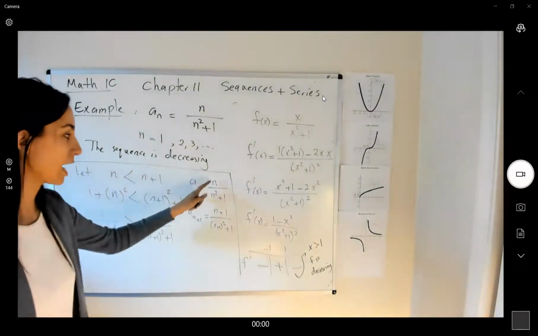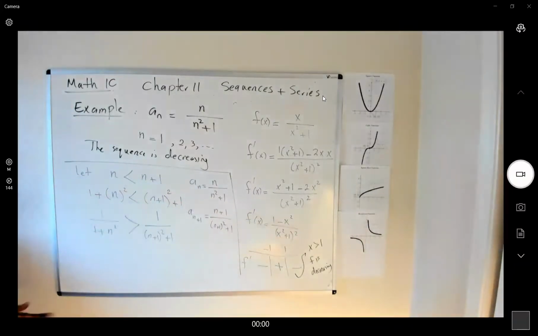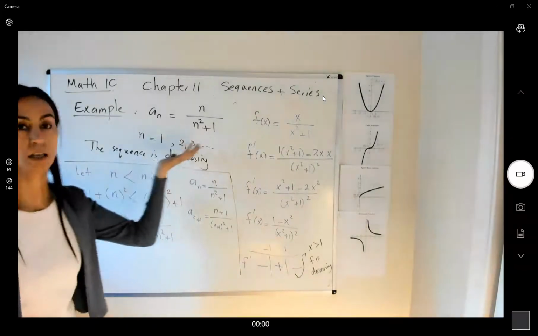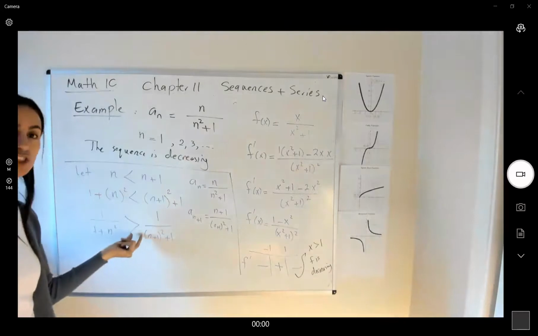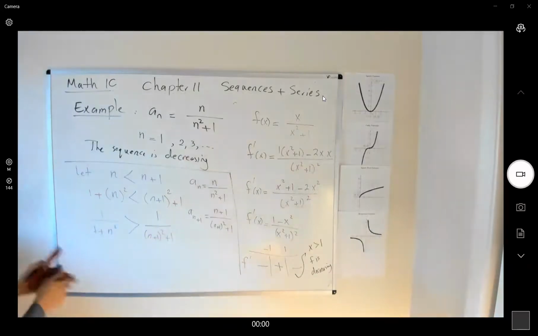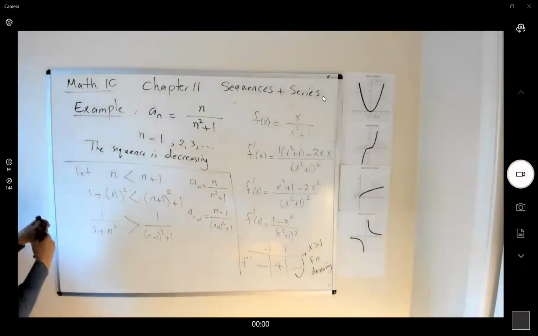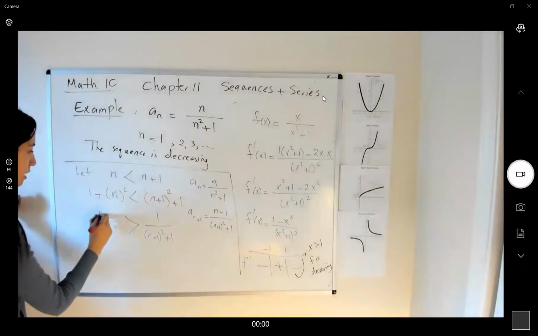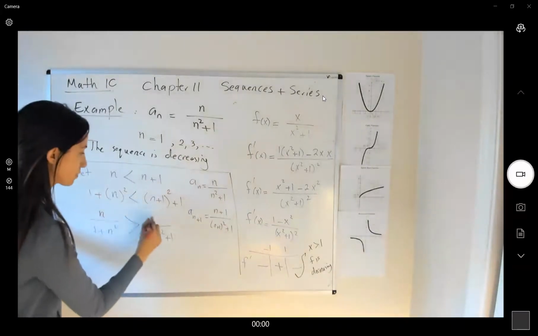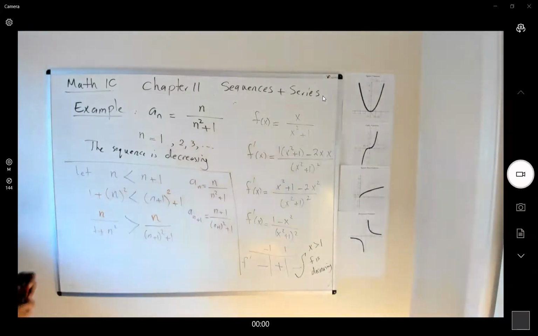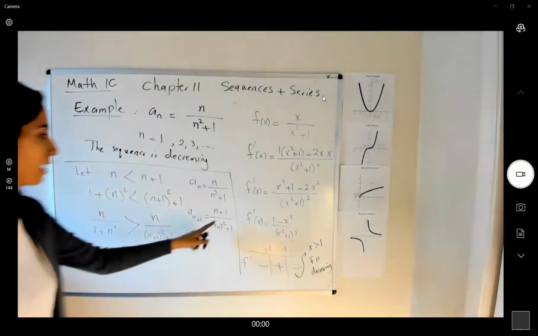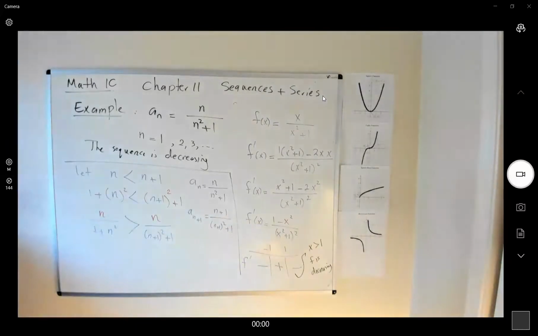Okay, perfect. So what else is missing here? I have n and I have n plus 1. What I can do, I can multiply both of these by n, and remember that n is a positive number. It doesn't change the inequality. I get n over n squared plus 1 greater than n over (n plus 1) squared plus 1. Very well. What else do we have? I have plus 1 as the constant.